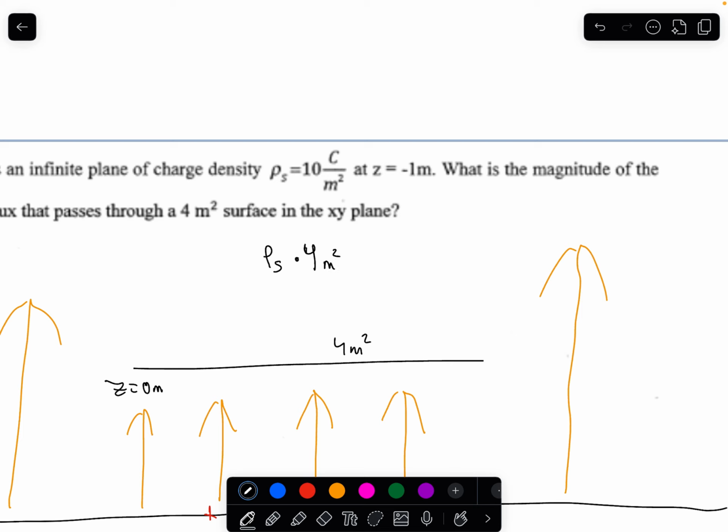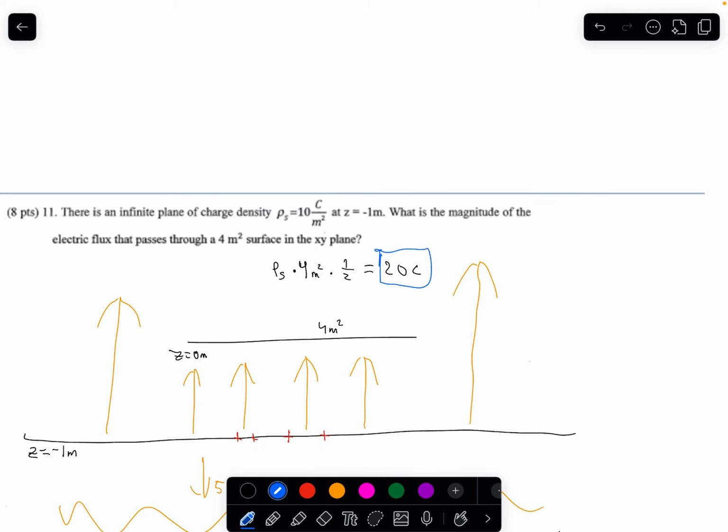And then we're going to divide by 2, since it has 2 sides and we're only receiving half. And when we do that equation out, we're going to be left with a value of 20 coulombs. And actually, for this question, that's it. You're done, and you have your answer.